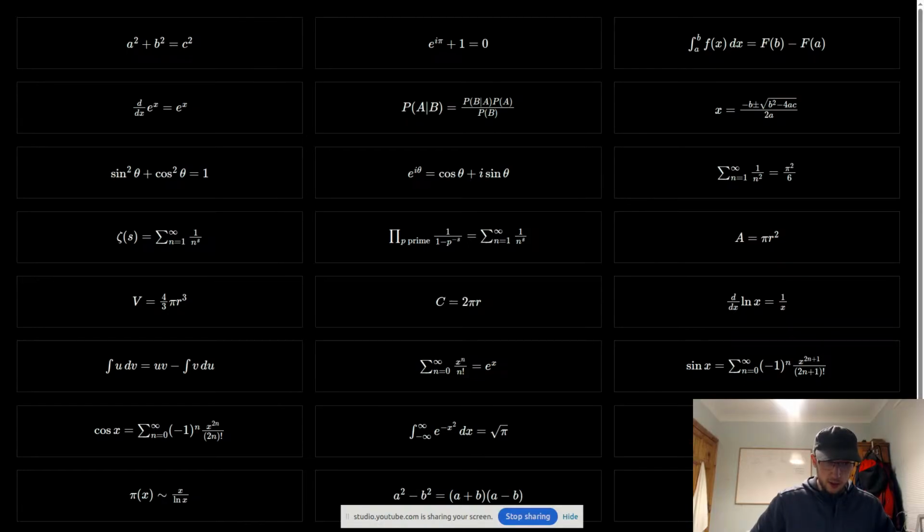Now, an interesting question arises when you ask, for example, what happens when I consider the 10th harmonic number minus the natural logarithm of 10? You seem to get a number that is a little bit less than 1. Maybe it's around 0.6-ish.